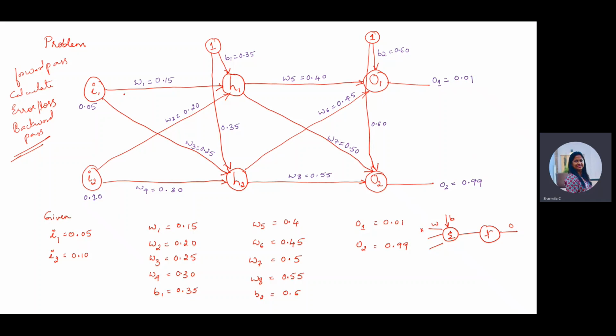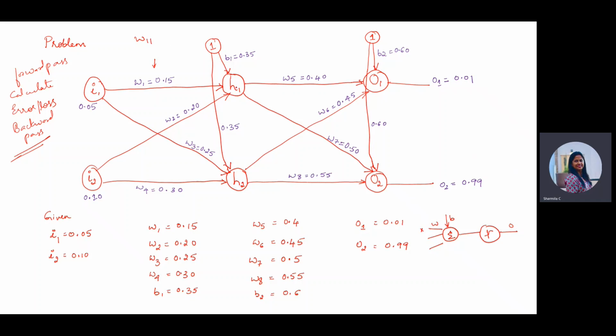Once again, when there is a connection from the input to the hidden layer, a weight is associated. So weight W1 between I1 and H1. Usually the notation is denoted as W11, with 1 and 1 here. So the weight associated is W11 equals 0.15.